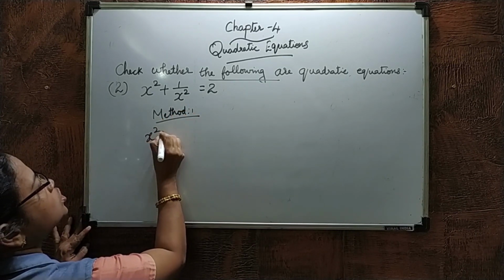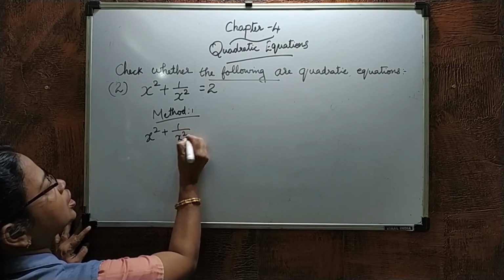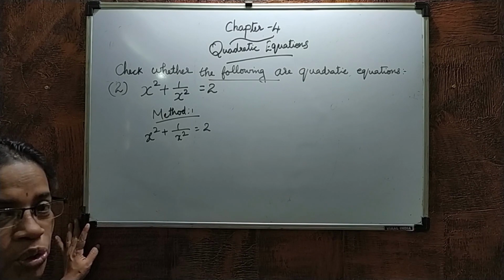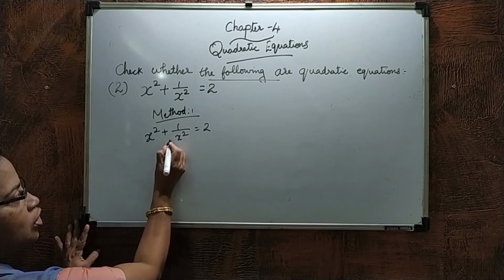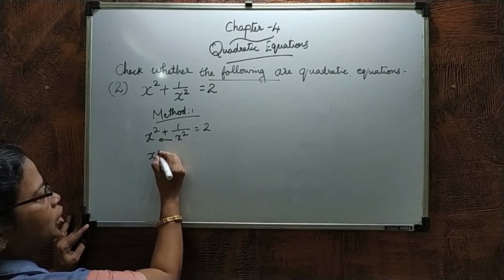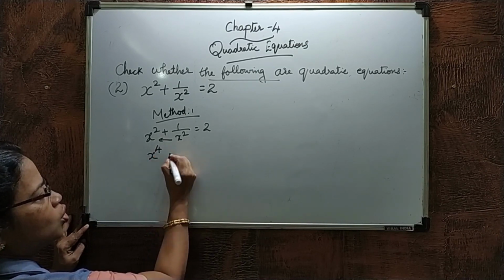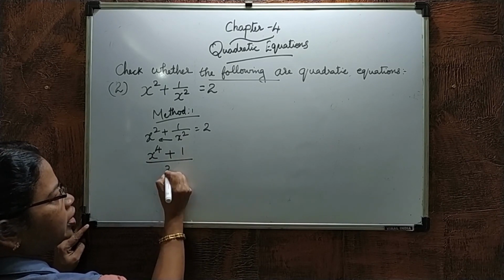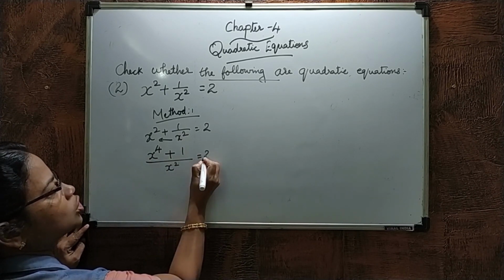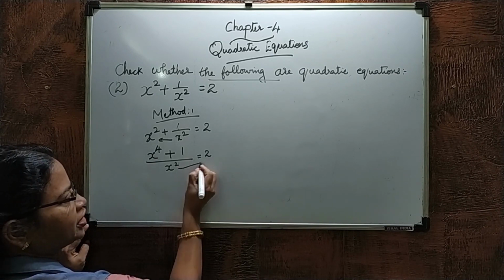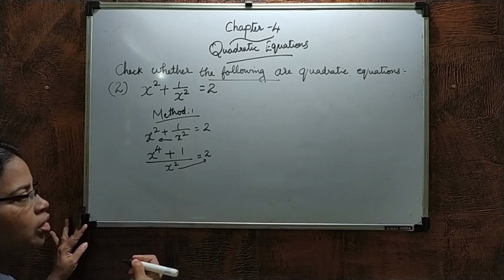Already you know, x square plus 1 by x square equals 2. Already you know how to find out. What do you do? Just cross multiply. x square into x square, it is x raised to 4, plus 1, the whole divided by x square equals 2. Then just take the multiplication to the other side.